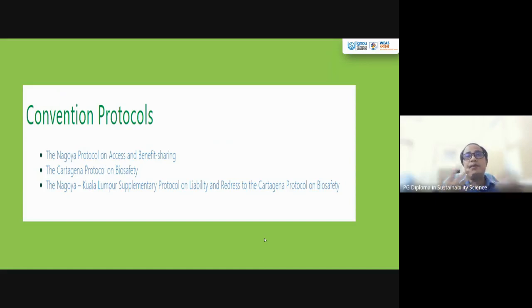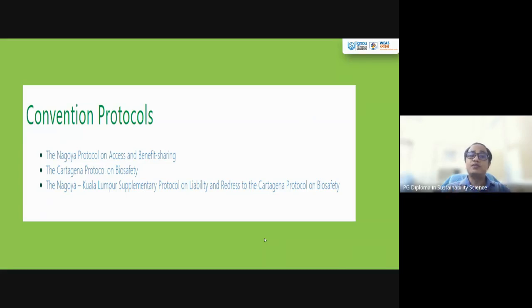At the beginning of conservation efforts, our objective was conservation only: at any cost, we have to conserve the biodiversity. But especially from the beginning of this century, we realized that conservation cannot be successful if we do not involve the local community.